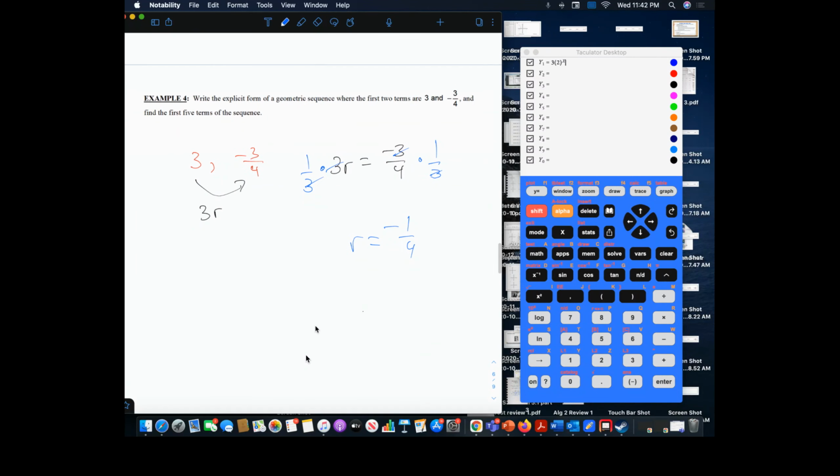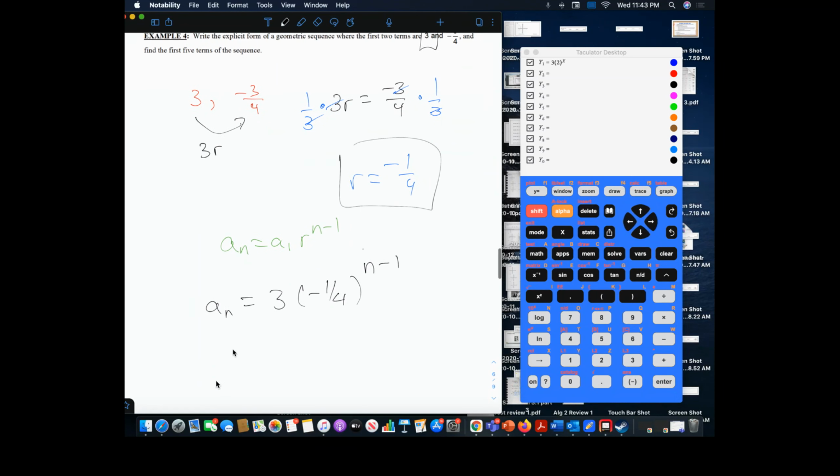So what does that tell me? Well, remember my formula is a_n = a1 r to the n minus 1. So if that's the case, we know the first term is given, which is 3. We just calculated r to be negative 1/4, which I'll put in parentheses, to the n minus 1, equals a_n.